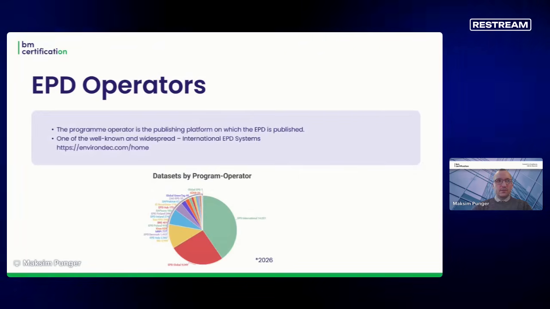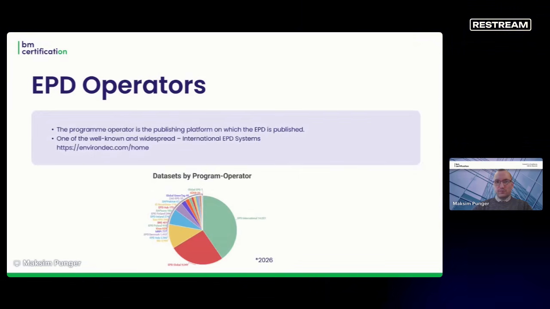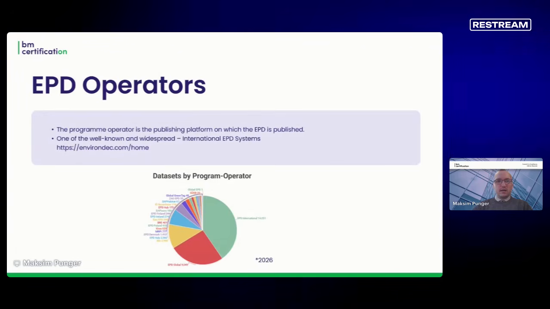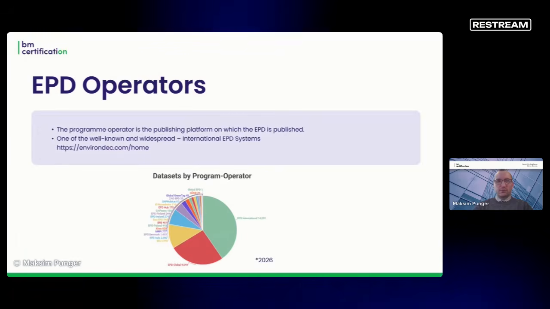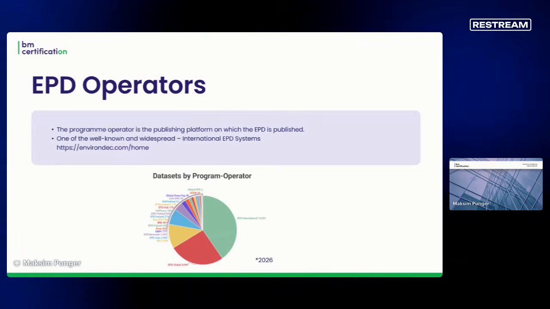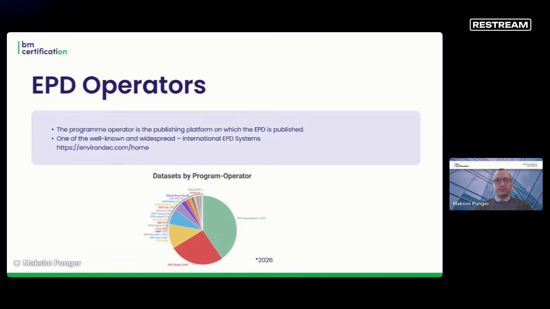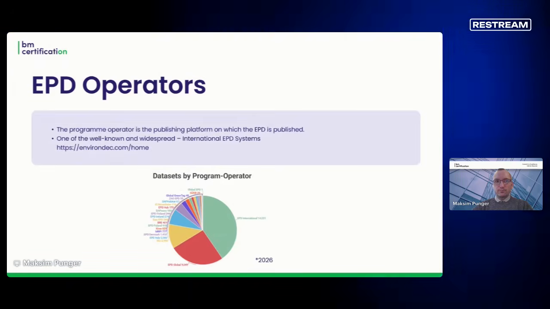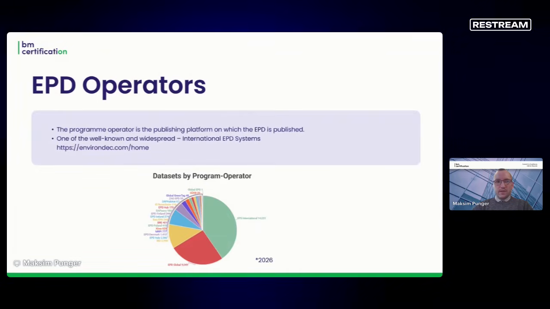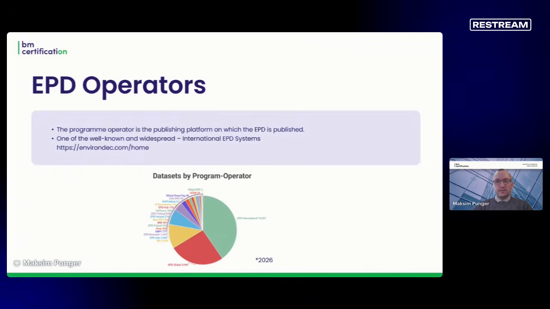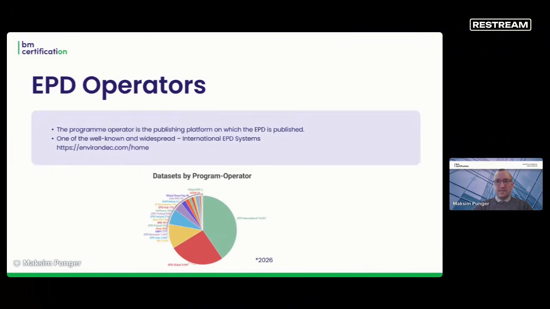There are quite plenty of platforms, operators. Basically, every country with high requirements for EPD has its own platform. One of the world's best known and fastest growing platforms is the International EPD System, EPD.